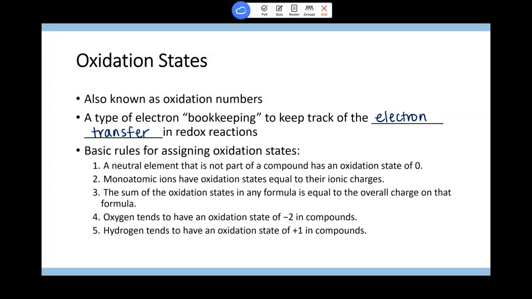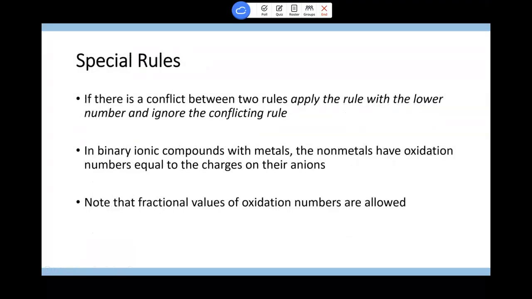If you have a polyatomic ion, like nitrate, that has a -1 overall charge, if you add up all of the oxidation states of the nitrogen and the 3 oxygens in the nitrate, the sum of the oxidation states is -1, so equal to the overall charge. Oxygen typically has an oxidation state of -2. Hydrogen typically has an oxidation state of +1. So those are 5 basic rules, and then a few more special rules.